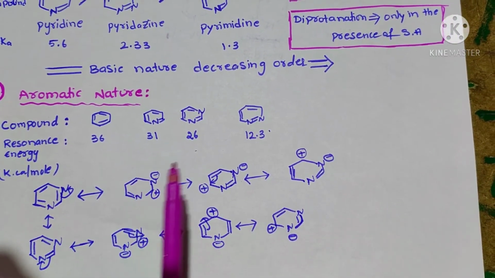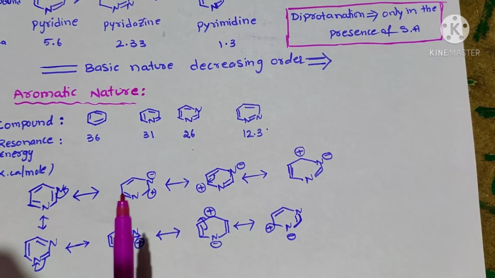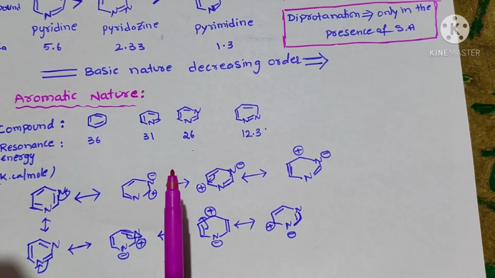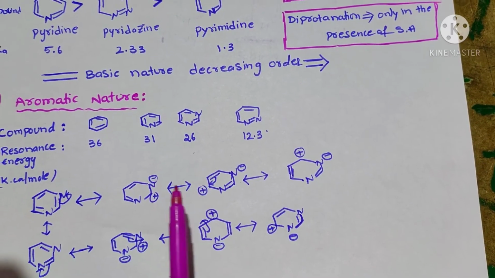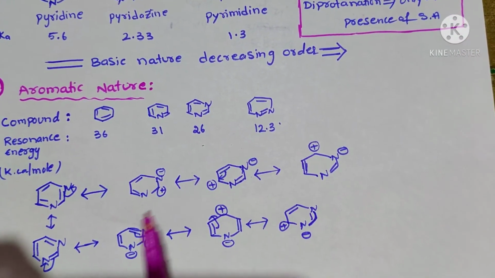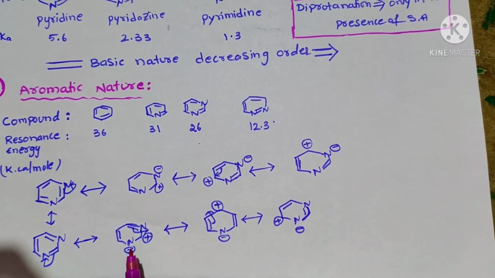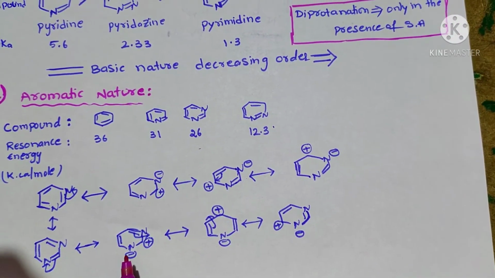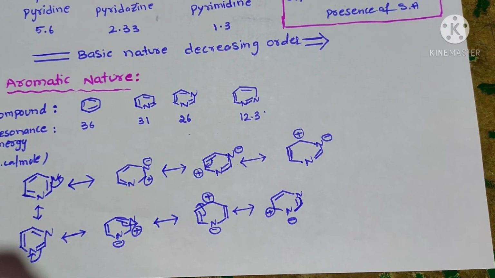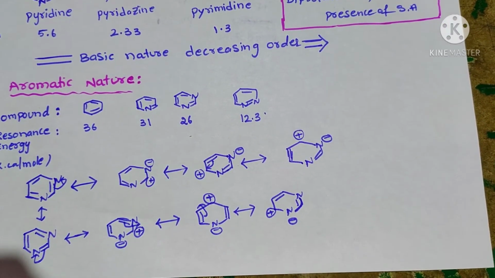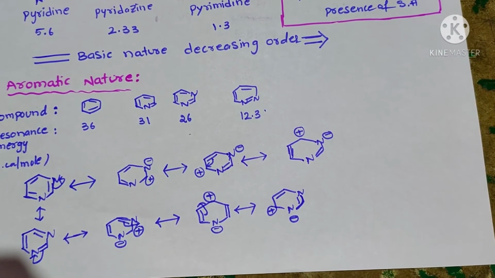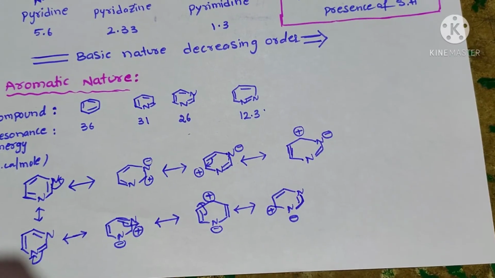Here we can see the resonance structures of the pyrimidine. In these structures, we can observe that the positive charge is present on the carbon atoms and negative charge is present on the nitrogen atoms. Look here, a negative charge is present here, and in the structures also negative charge is present on the nitrogen atom. So we can say that electrophilic substitution mainly occurs on the nitrogen atoms and rarely occurs on the carbon atoms due to the less electron density on the carbon atoms.